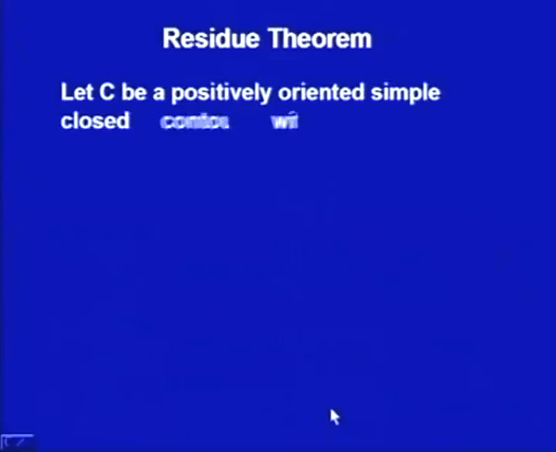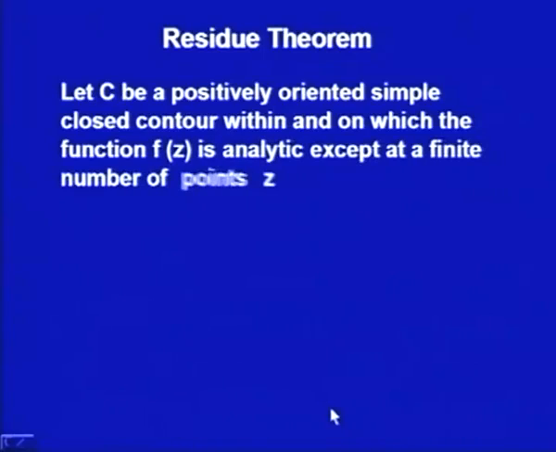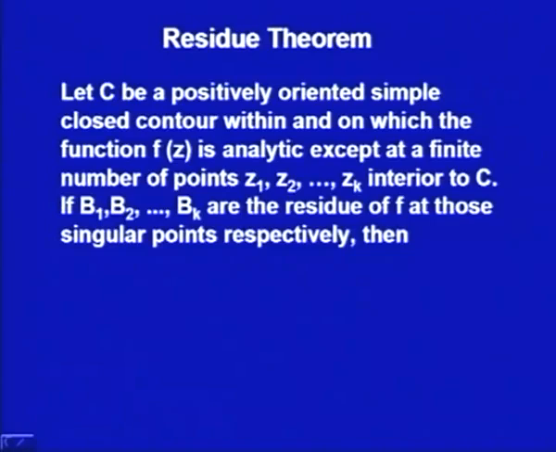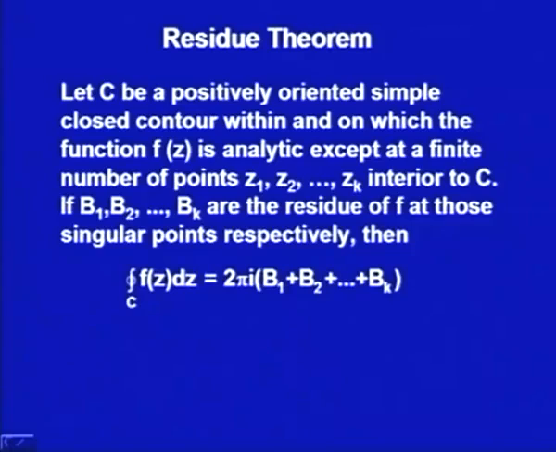Here comes the answer in the form of the residue theorem. Let C be a positively oriented simple closed contour within and on which the function f(z) is analytic except at a finite number of points z1, z2, zk interior to C, and if capital B1, capital B2 and capital Bk are the residues of f at those isolated singular points respectively, then the integral of the function f(z) along this closed contour C is 2 pi i times B1 plus B2 plus Bk.